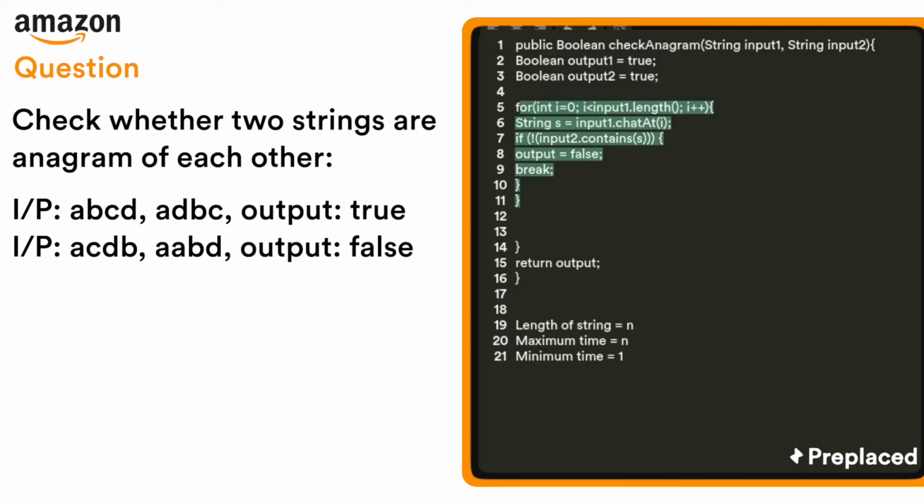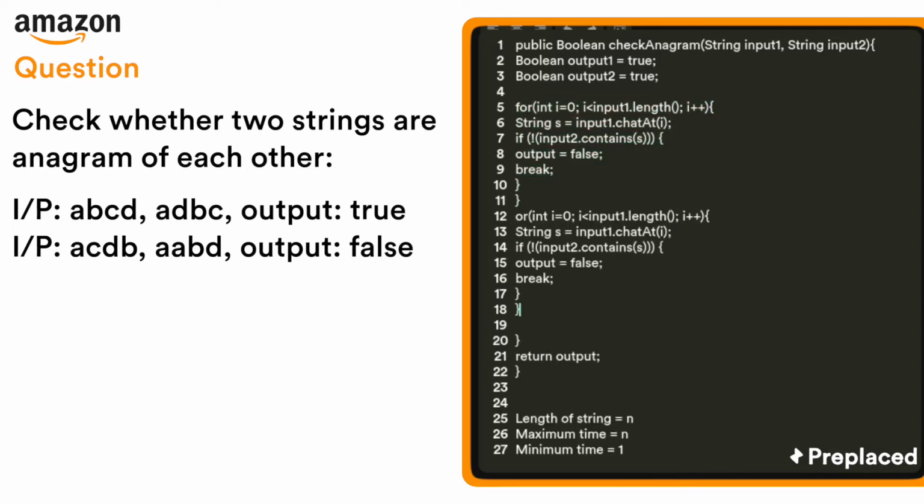So there has to be some easier approach. For j equal to 0, or I will also work here, i equal to 0, i less than input 2 dot length, i plus plus, string s equal to input 2 dot character at i. If input 1 contains this character s, then set output as false, break.